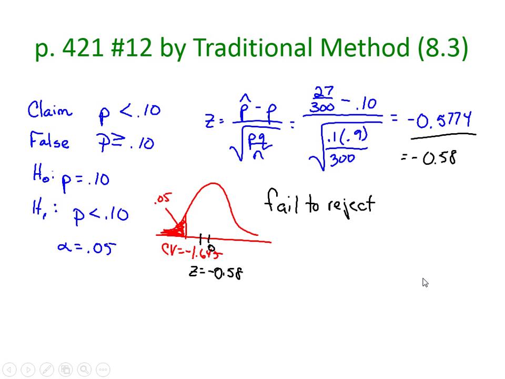Support the claim that less than 10% of the one-panel THC results are wrong. So there is not sufficient evidence to support the claim that less than 10% of the test results are wrong.